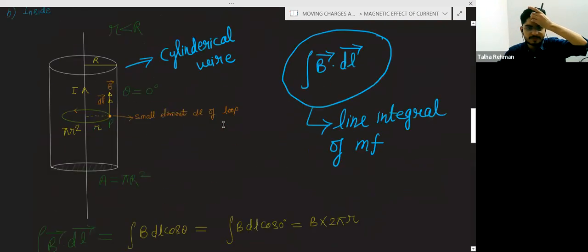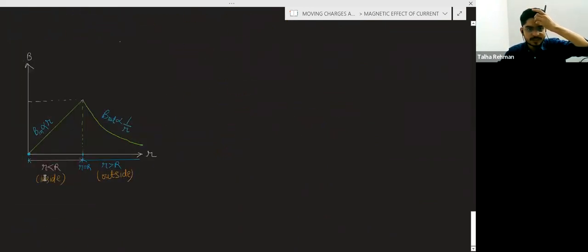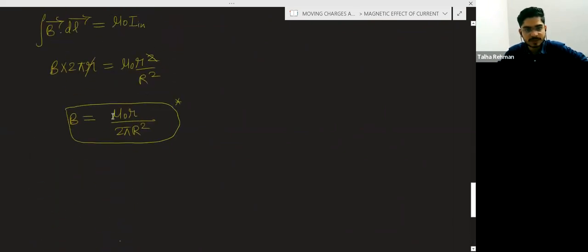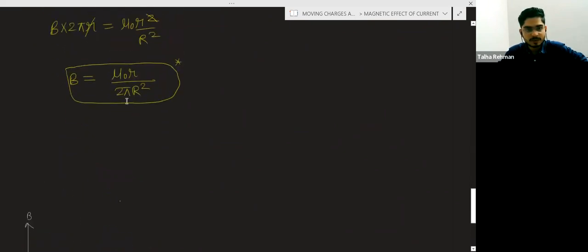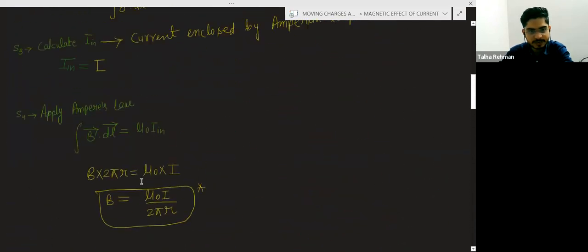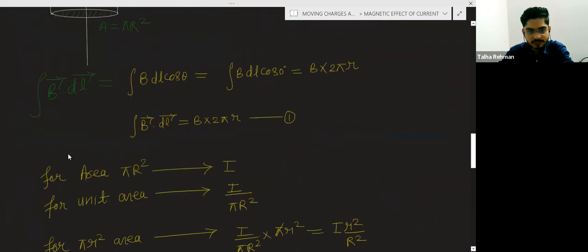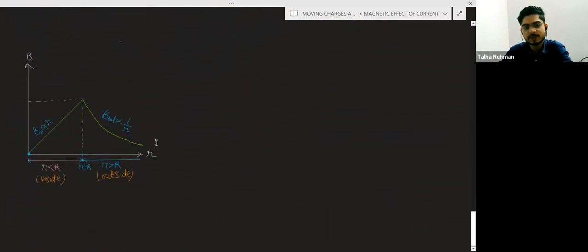When you are inside the wire, the magnetic field is directly proportional to r, because all the other quantities are constant. And when you are outside the wire, the magnetic field will be inversely proportional to r. So inside it will be a straight line graph, and outside the graph will be a rectangular hyperbola.